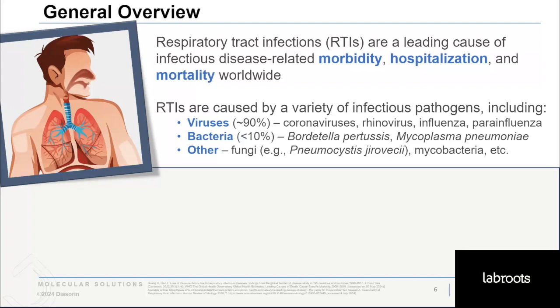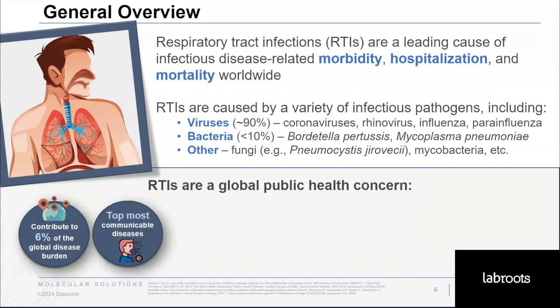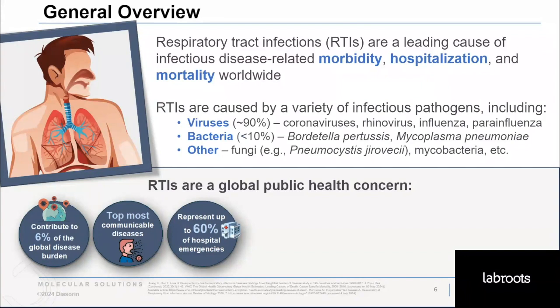Some additional facts about respiratory infections: they contribute to 6% of the global disease burden. They are highly transmissible and can easily spread from person to person or even from an animal to a person. They represent 60% of hospital emergencies.